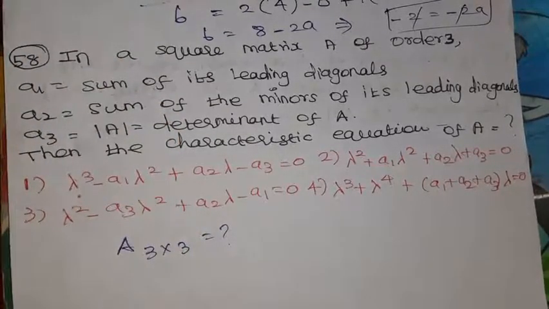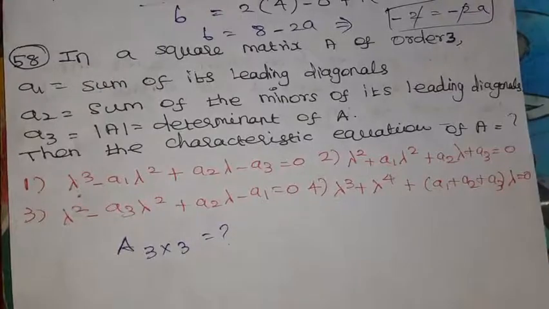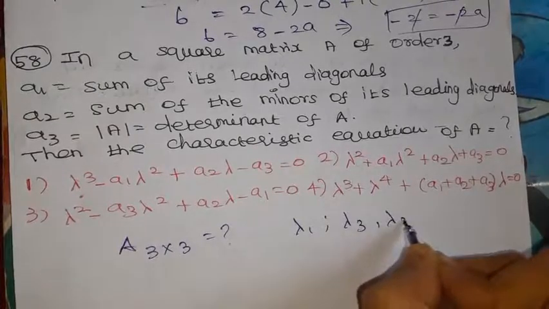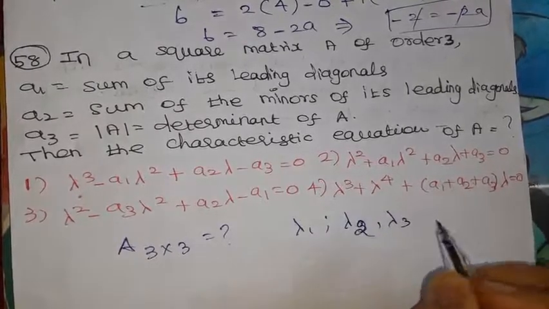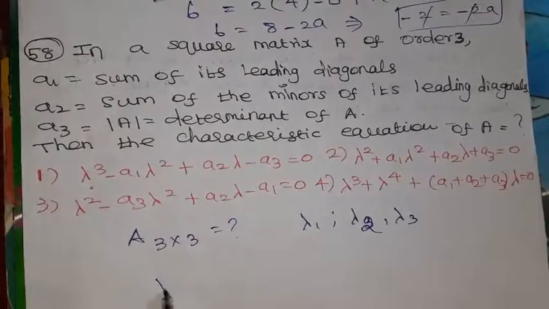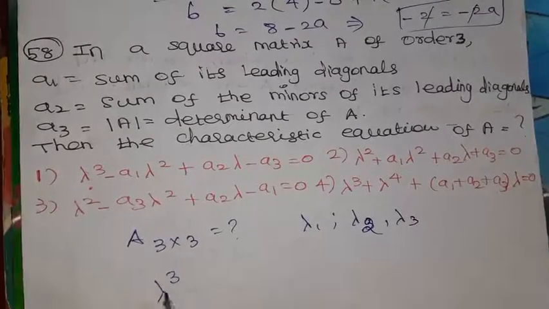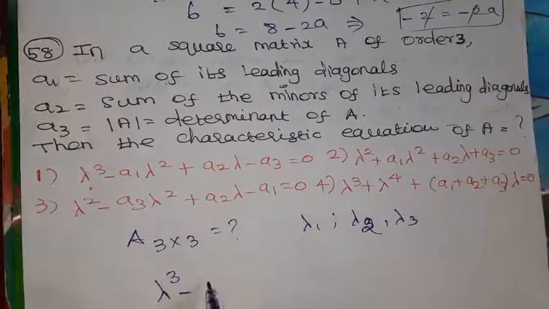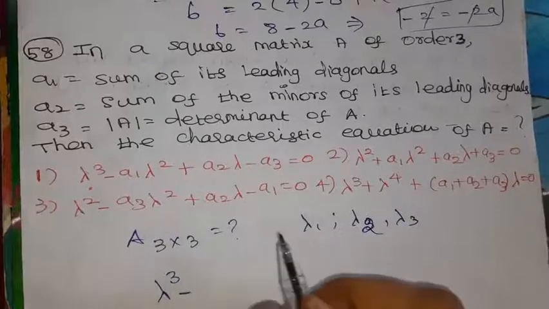A 3 cross 3 matrix should have 3 eigenvalues, so the characteristic equation also has lambda cube. Signs should alternate. This is the procedure to find the characteristic equation of any 3 cross 3 matrix.